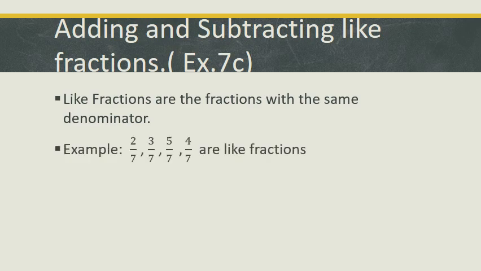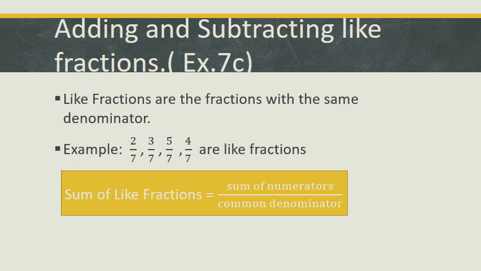For example, 2 by 7, 3 by 7, 5 by 7, 4 by 7. Here we have 4 fractions, and in all of them the denominator is the same, that is 7. So these fractions are like fractions.